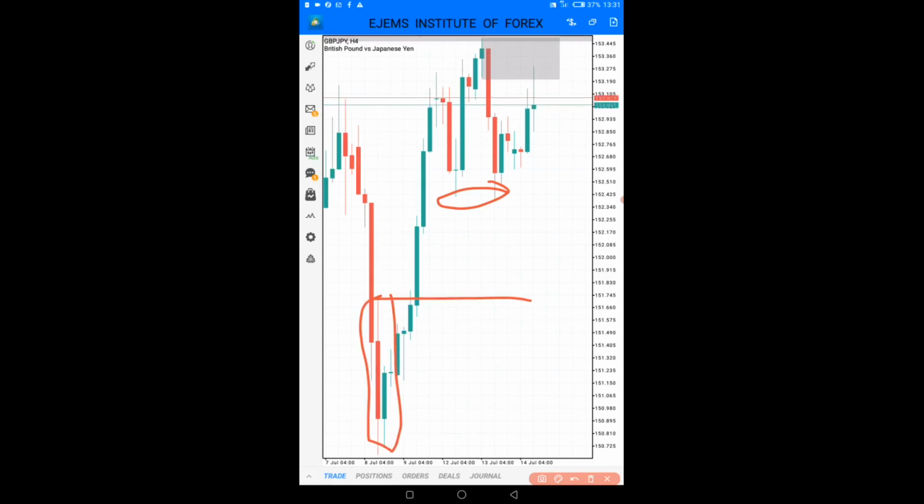So I want to see the market trade lower, but this is my first target. I want to see the market break through this relative equal lows to collect the liquidity and possibly fill up this fair value gap. But for now, this is what I want to see price do: take out the liquidity resting below this equal lows.